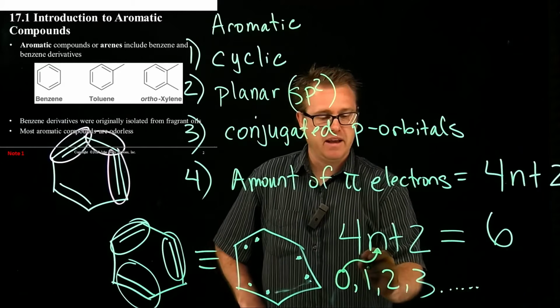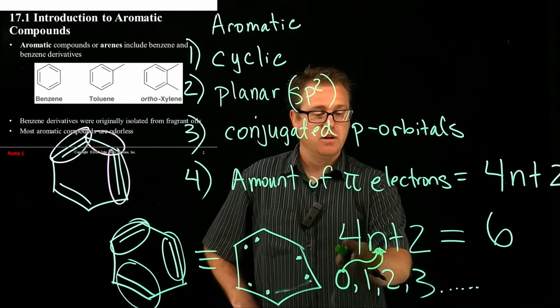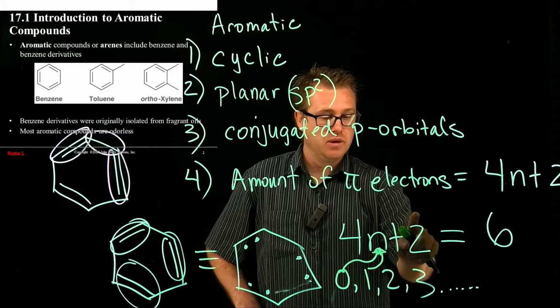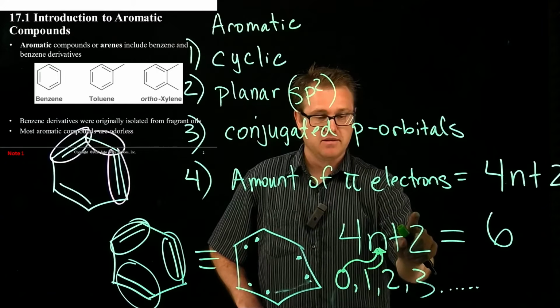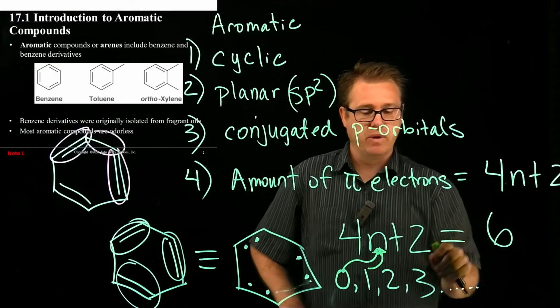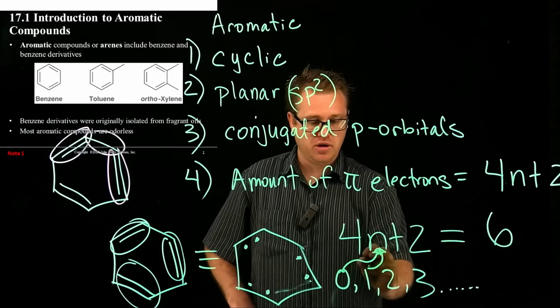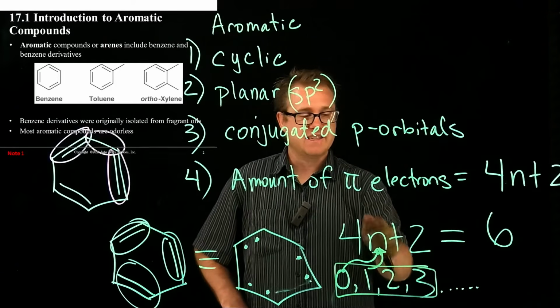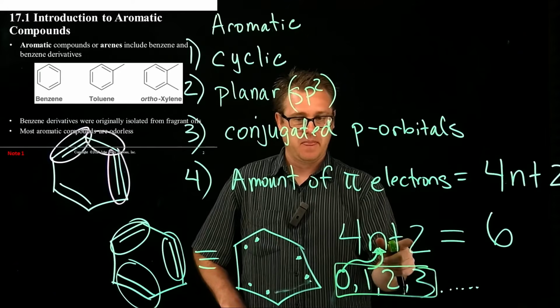So now let's plug in number 1. 4 times 1 plus 2 equals 6. 6 is on the left side, 6 is on the right side. So we have found a whole number integer right there that satisfies this equation.